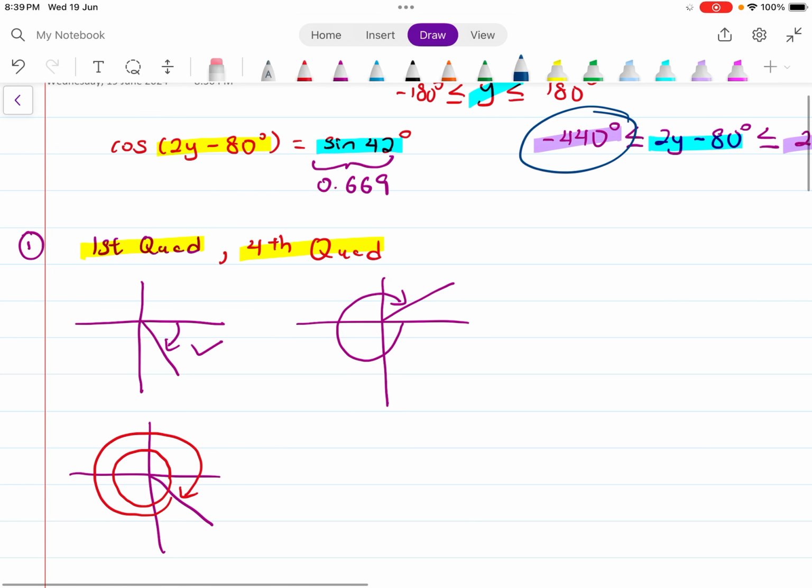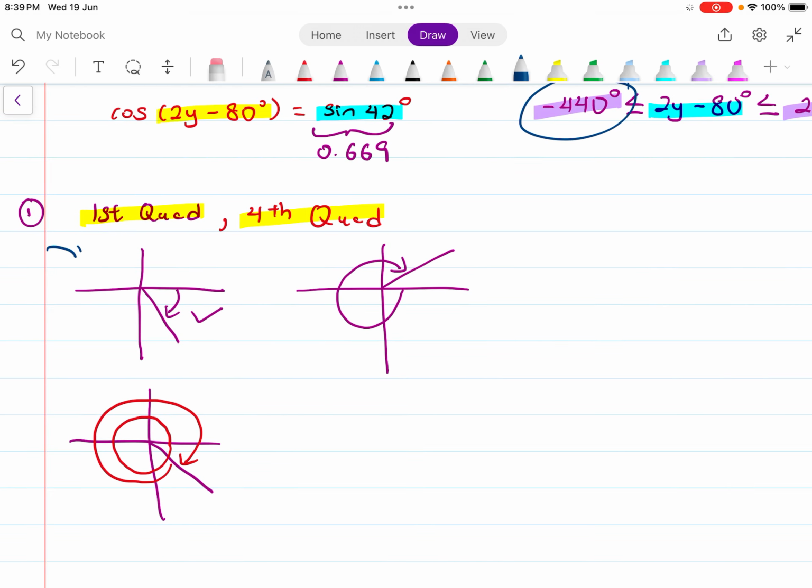So how do I actually do this? Very simple. First, if you look at the quadrant that I draw, when I rotate in the clockwise direction, automatically this will be negative already. So I want the fourth quadrant. Then after that, I rotate again, all the way to the first quadrant. So this will be another quadrant that I'm interested in.